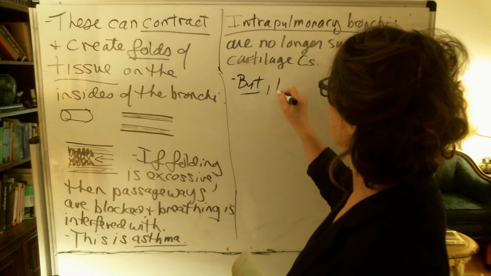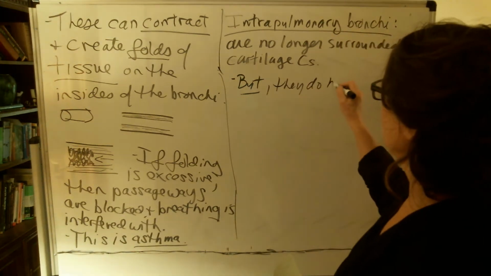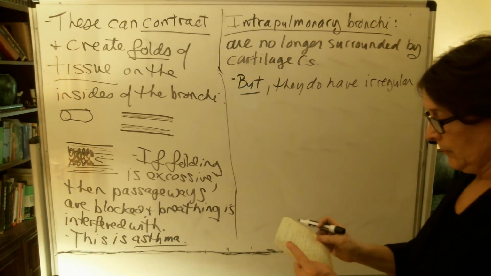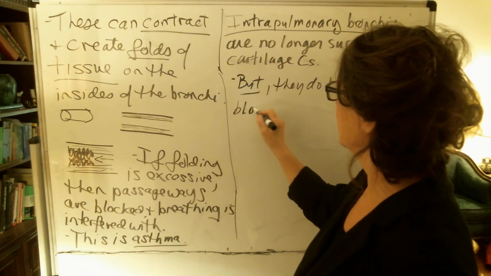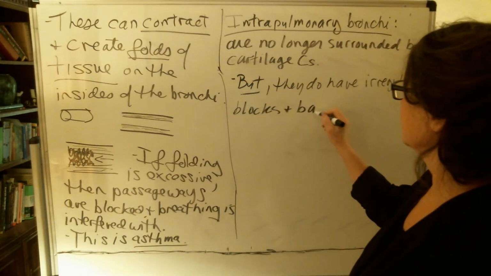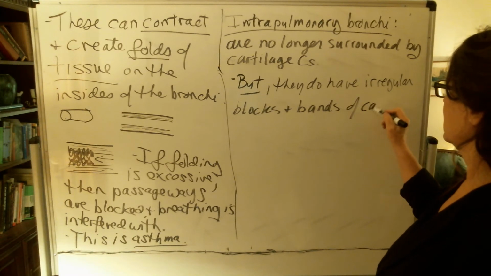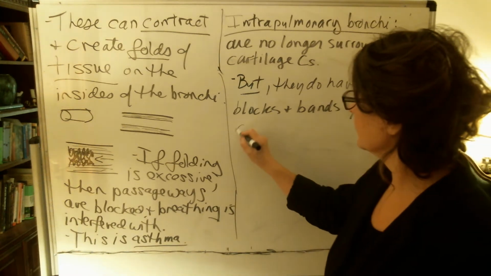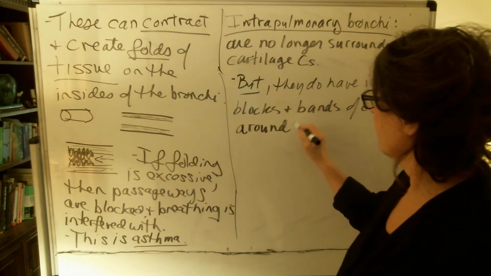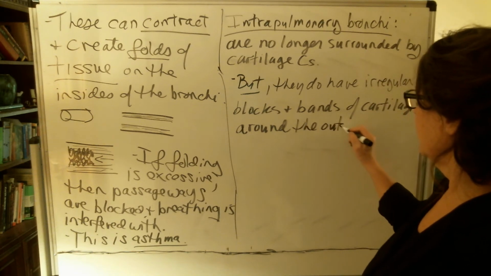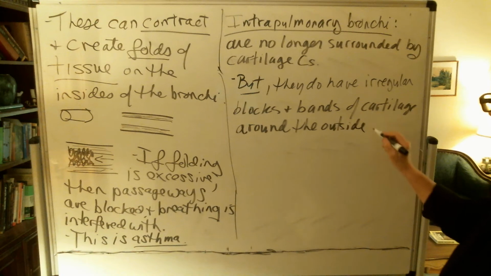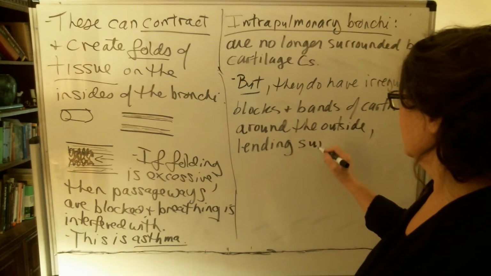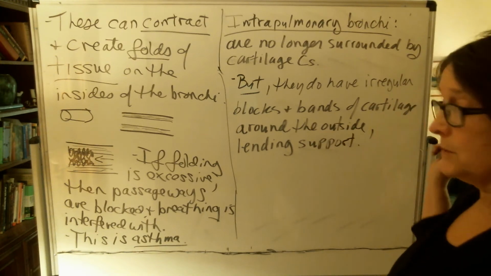But they do have irregular blocks and bands of cartilage around the outside, lending support.